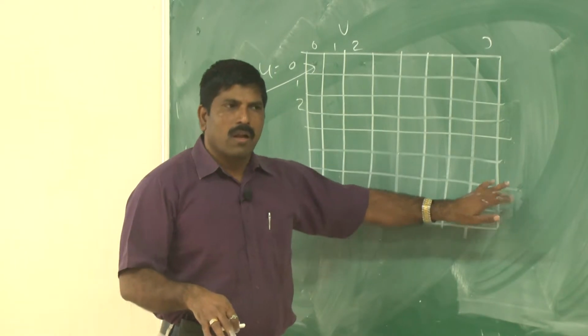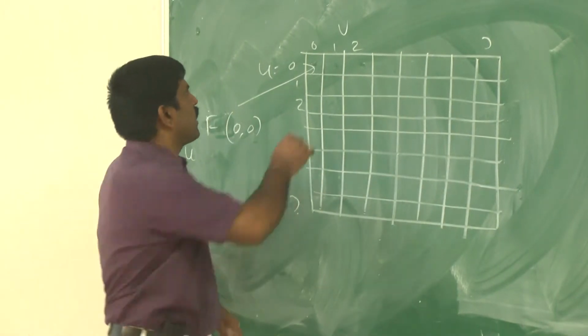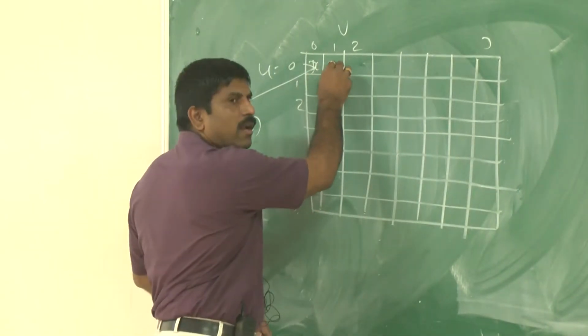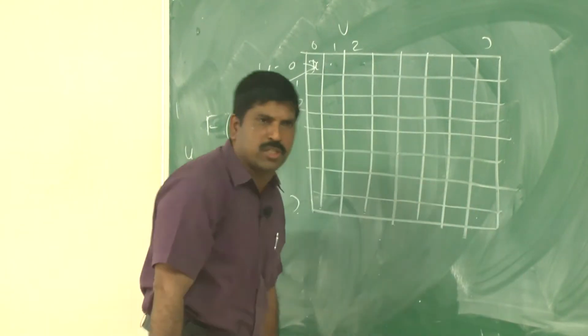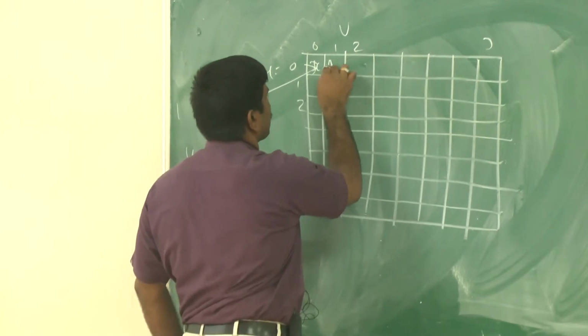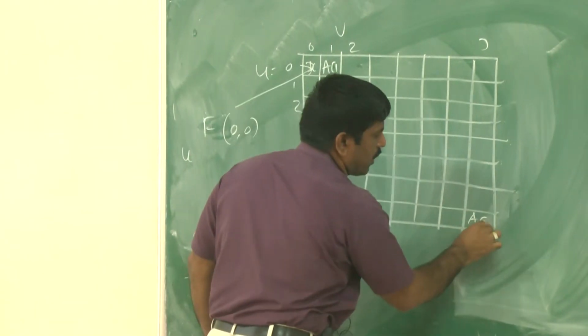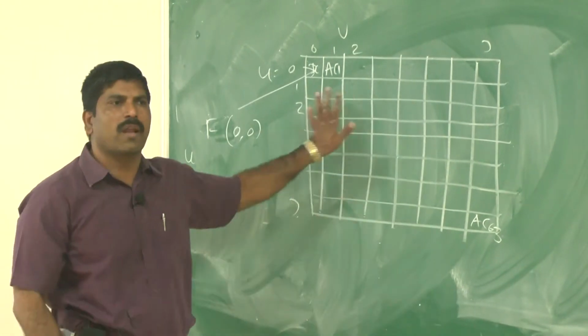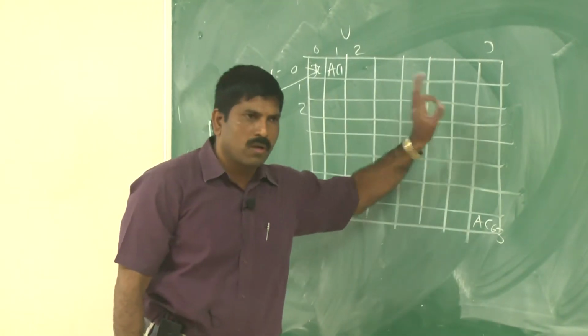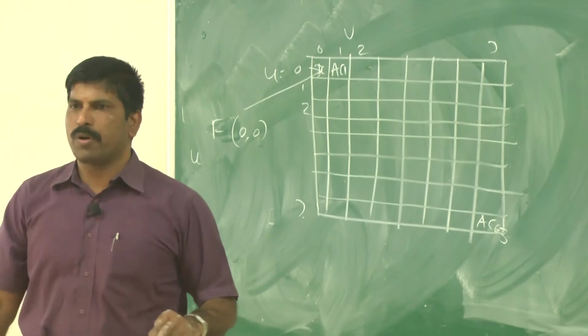Now this is the DC component, this is the first AC component, the second component, and this is the AC 63 component. AC1 to AC63, and this is the DC component. So in total there are 64 spatial frequency components.